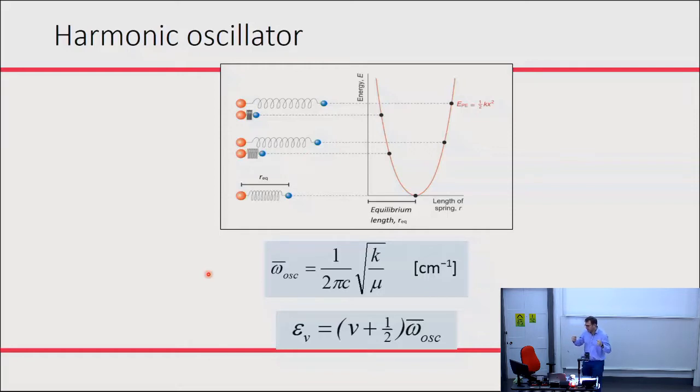The stronger the bond, the faster that spring is going to come back in. We also said that the energies of vibrational states are equal to v plus a half times this oscillation frequency. Last time we just used the term mu bar, but I want to introduce this oscillation frequency term now because we'll be building on it in this lecture.